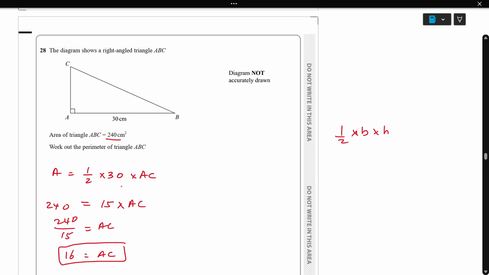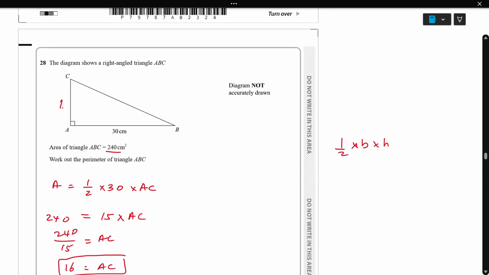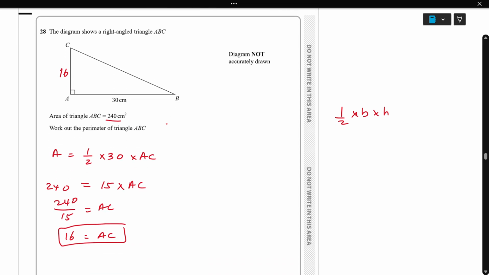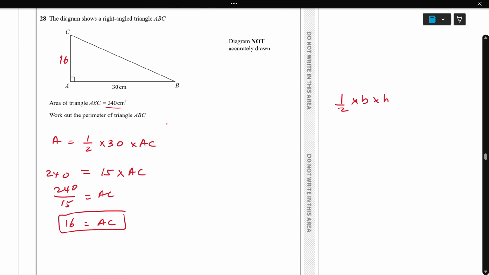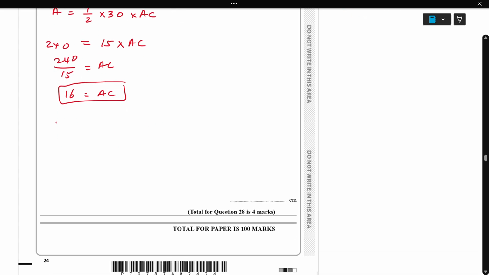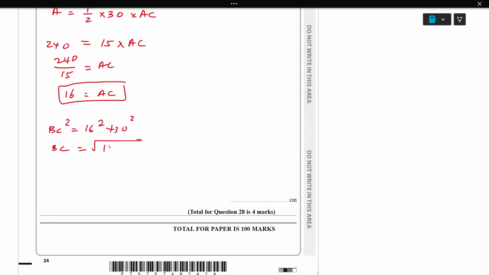We got 16 here. Now it is a right-angled triangle, so we have to use Pythagoras' theorem to find BC. BC squared equals 16 squared plus 30 squared. So BC equals the square root of 16 squared plus 30 squared.